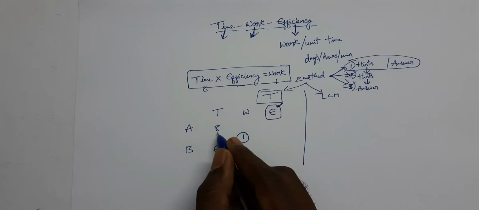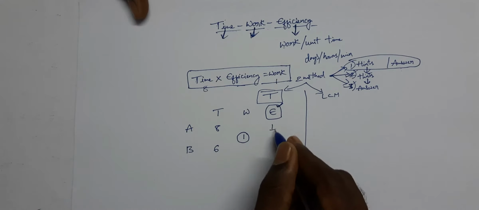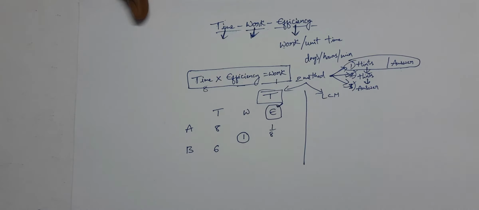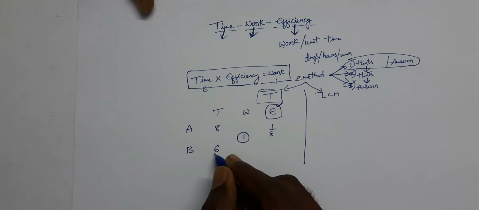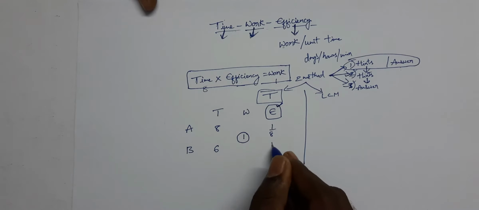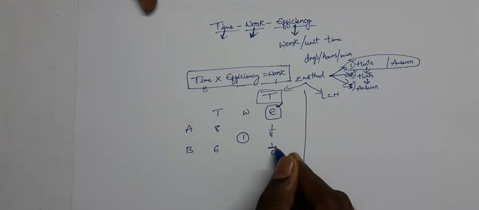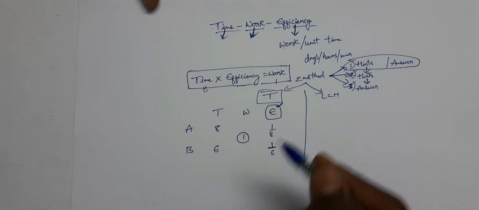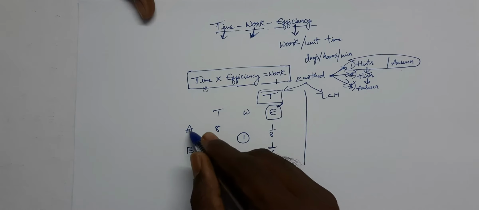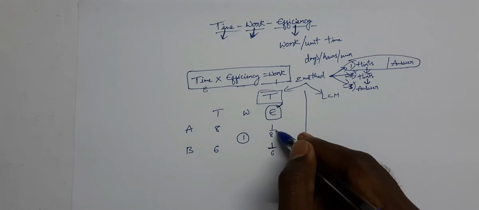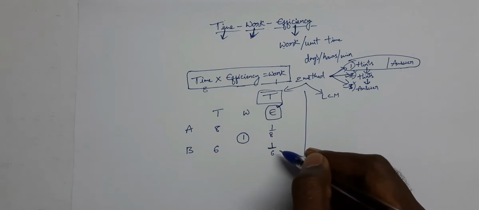If we multiply 8 with 1 by 8, then we will get 1 as work. In the similar way, 6 into 1 by 6 equals 1. So I found the efficiencies of A and B as 1 by 8 and 1 by 6 respectively.